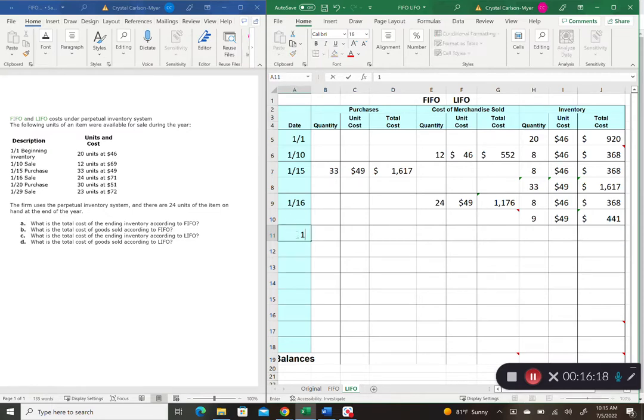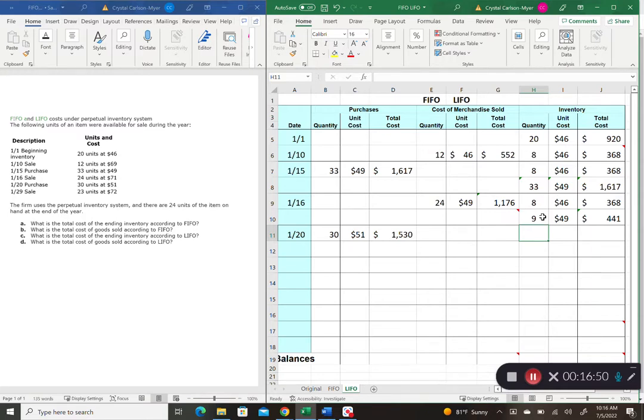All right, then go ahead and put your January 20th purchase in here. 30 units that cost us $51 per unit. So 30 times 51 for a total cost of $1,530. In my ending inventory now, I'm going to have 3 cost layers according to the LIFO method. I still have all of these $46 units, so 8 units times 46.